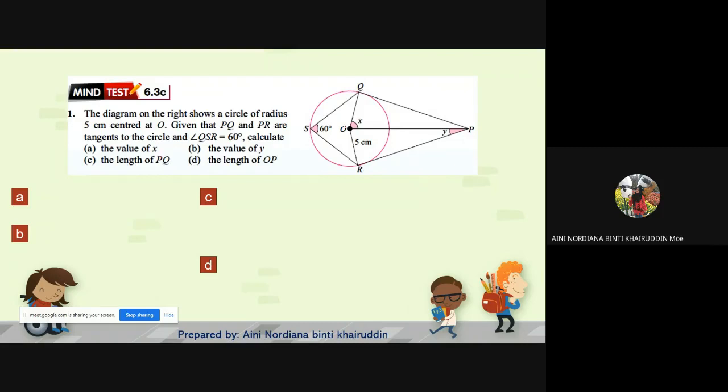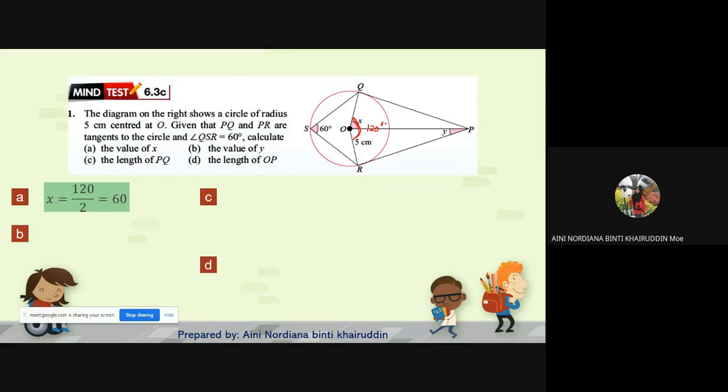Calculate the value of X. So X here, you have learned before, if angle at circumference is 60, then angle at center equals to twice. So 120. So X is 120 divided by 2, which is 60.